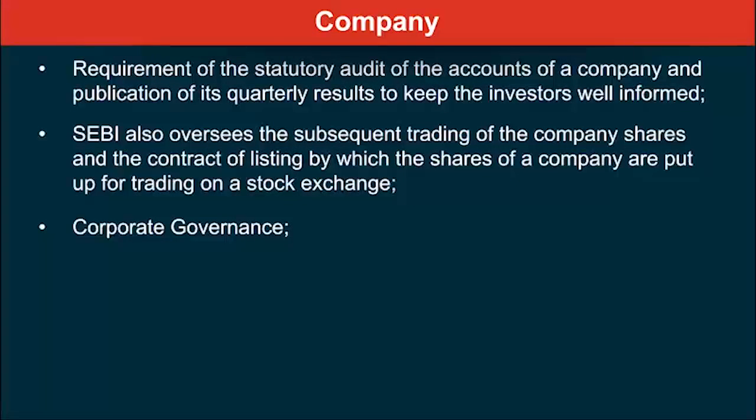What is corporate governance? Basically, you are talking about transparency, disclosure, accountability and responsibility, the four corners of corporate governance, which are essential for any company, especially those which have taken money from the public. Those norms are very stringent, and they are there in the Companies Act and in the SEBI regulations also.